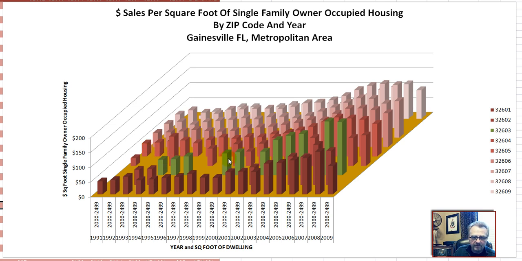So it was flat, and then circa 2000, 2004 it takes off, and then there's a bit of a pullback in the past year, 2009. But in terms of an investment, if you had bought property there in 2000, it looks to be the highest increasing in the entire Gainesville metropolitan area.